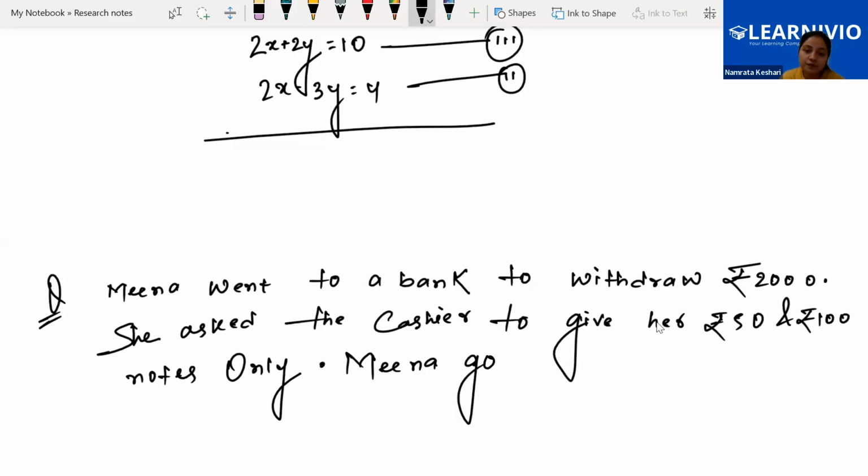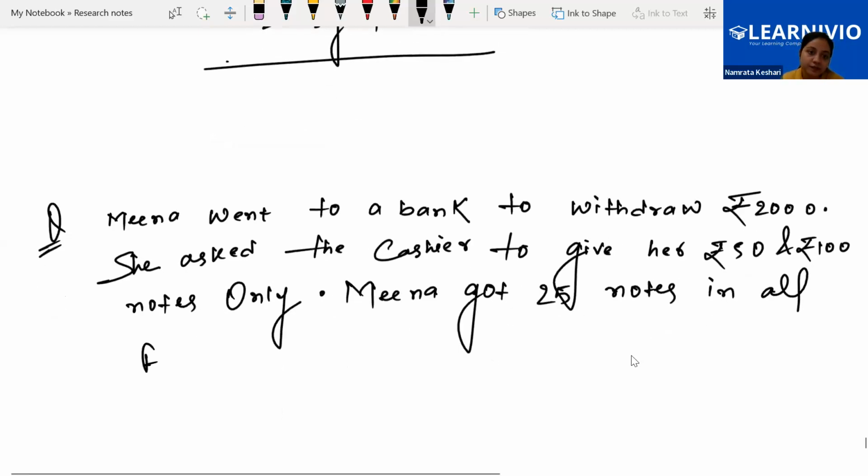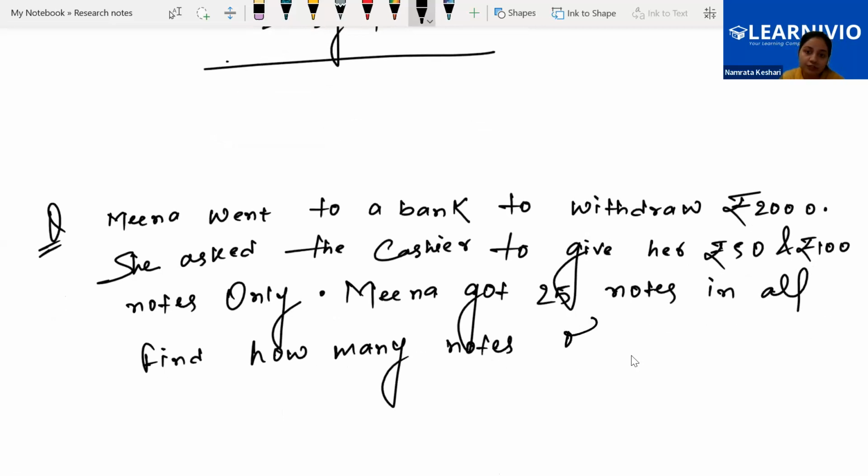Meena got 25 notes in all. Find how many notes of ₹50 and ₹100 she received.